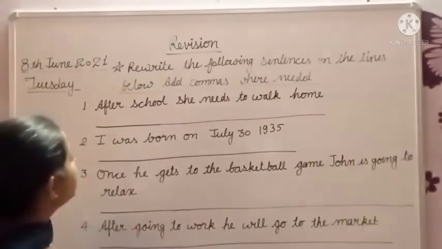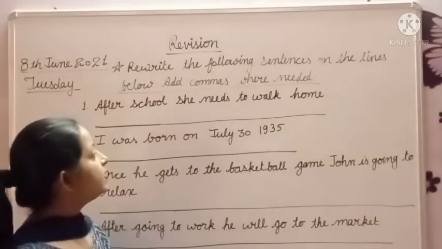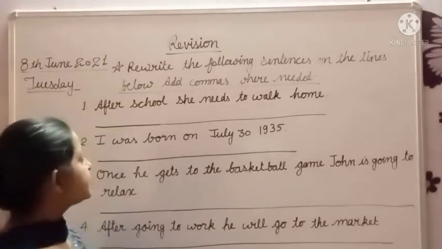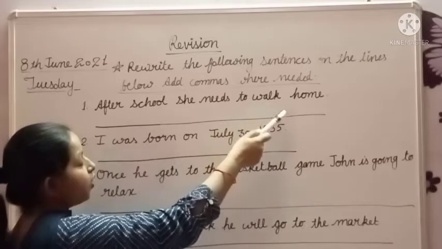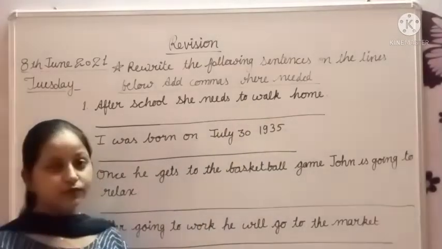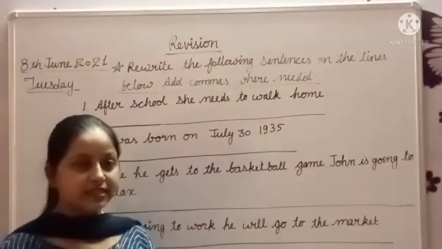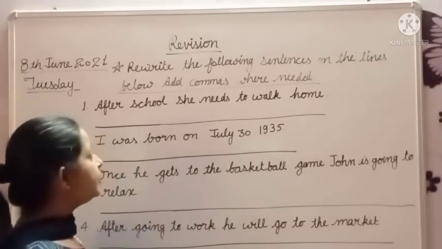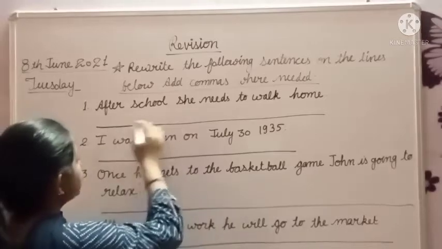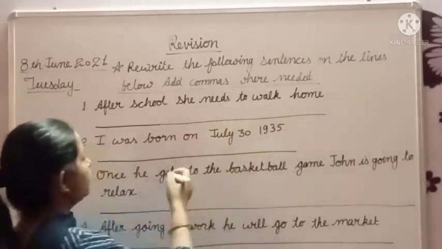So first, we will find out where it is needed. In the sentence, after school, she needs to walk home. We have to use a comma where it is needed.